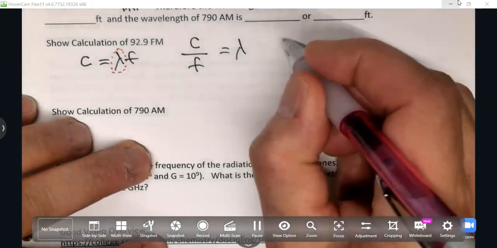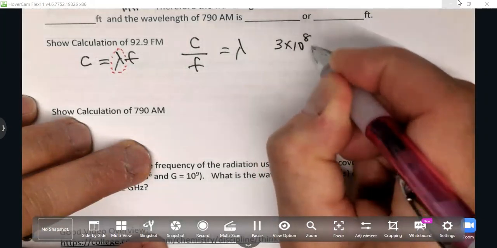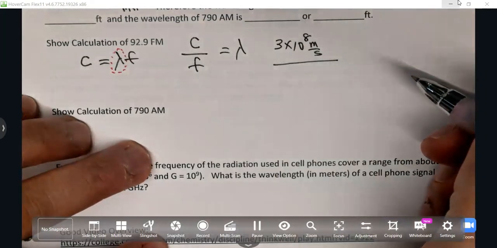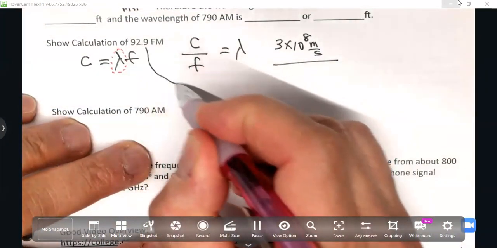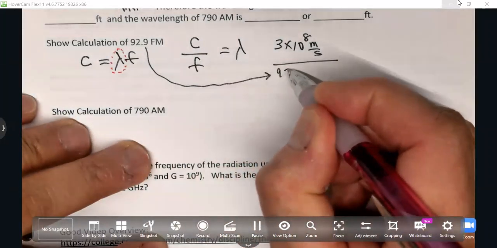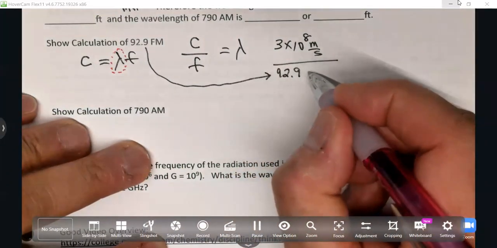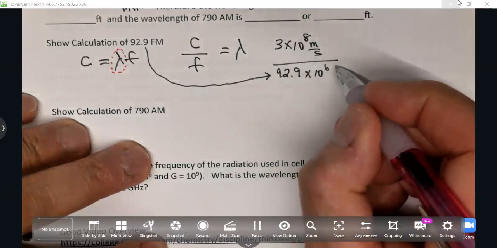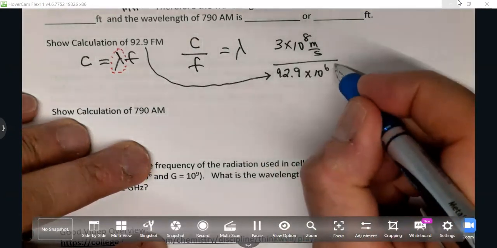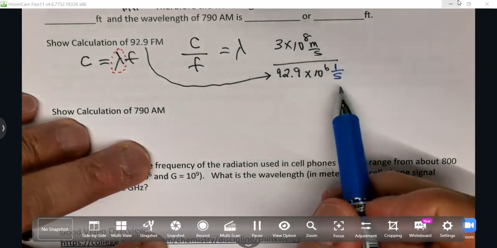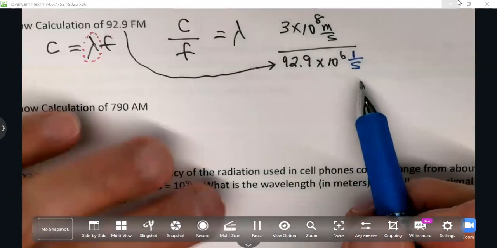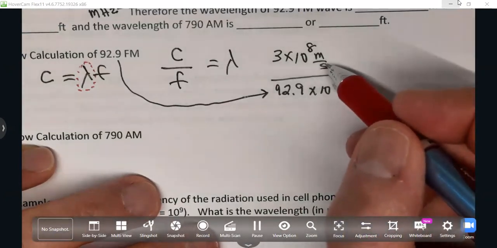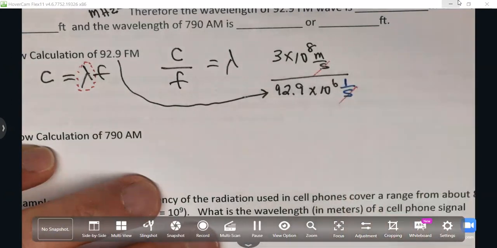This is going to be 3 times 10 to the 8th meters per second, divided by my frequency, 92.9 times 10 to the 6th, because it's a mega. I'm going to write it as seconds to the -1, or 1 over seconds, which is the same thing. That's frequency. And I do this because I'm showing you that this unit and this unit should cancel out.